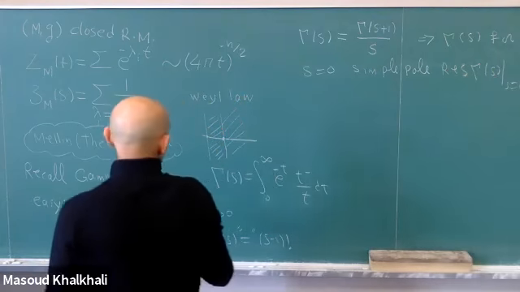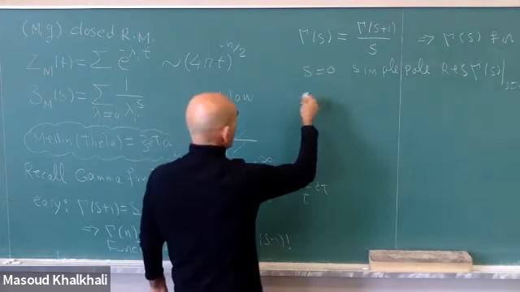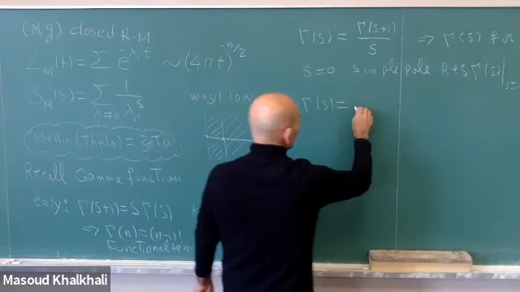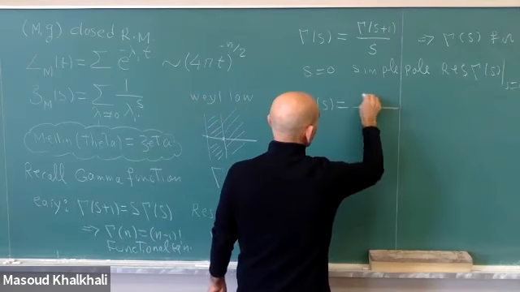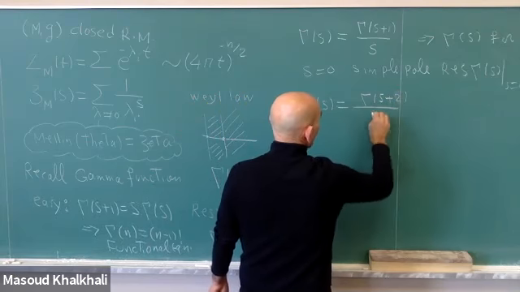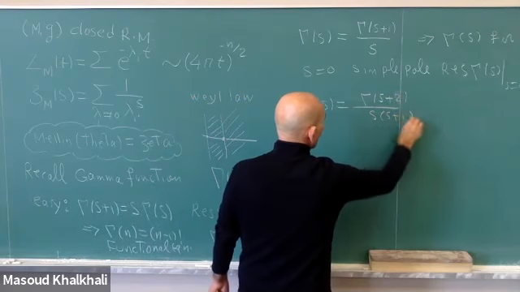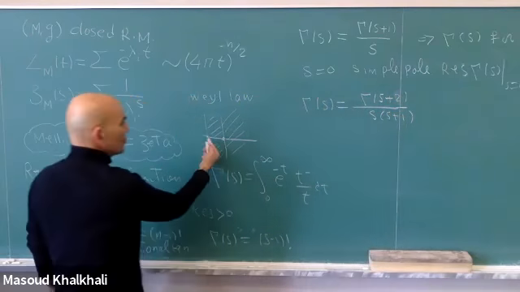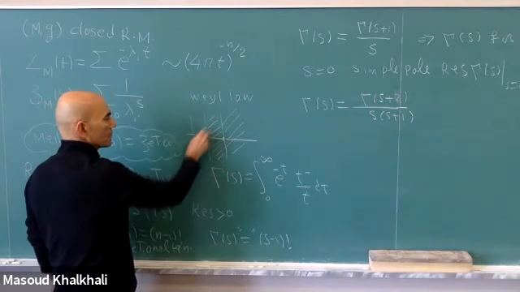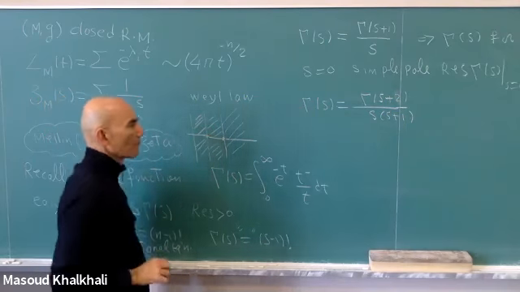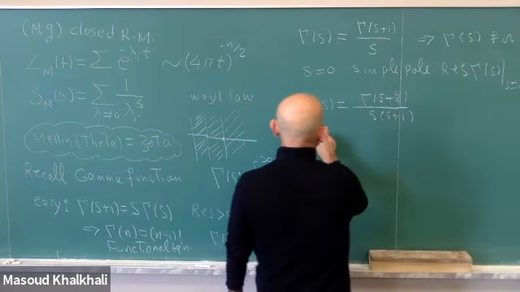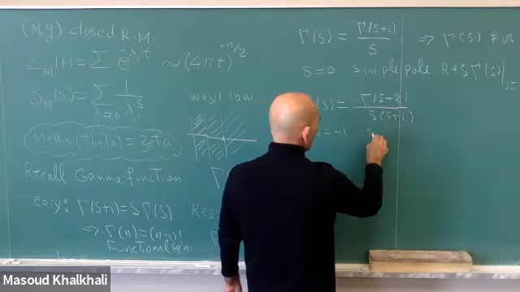That's good. But then you can continue this game. Gamma of s is equal to gamma of s plus 2 divided by s times s plus 1. This enables you to holomorphically extend to here. And again, you notice that s equal to minus 1 is a simple pole.